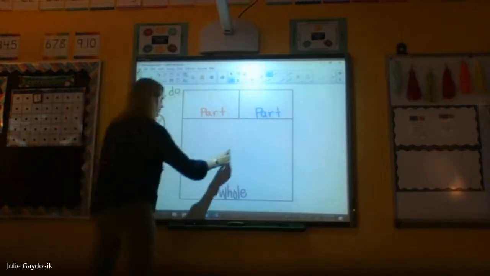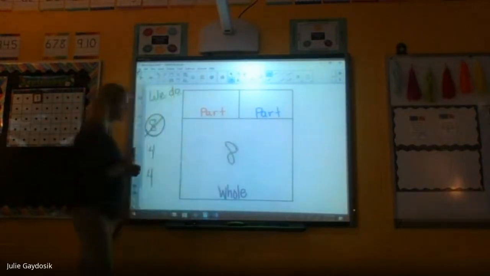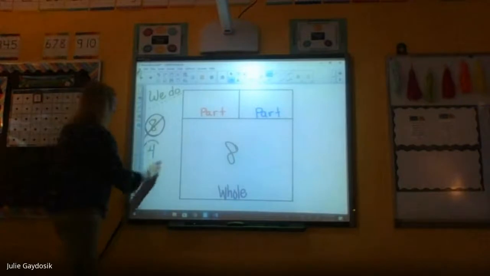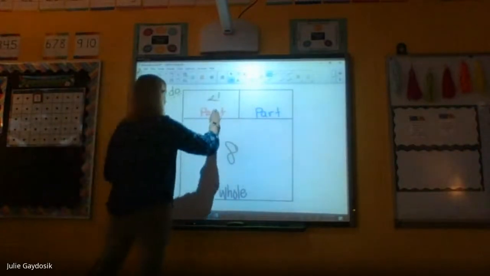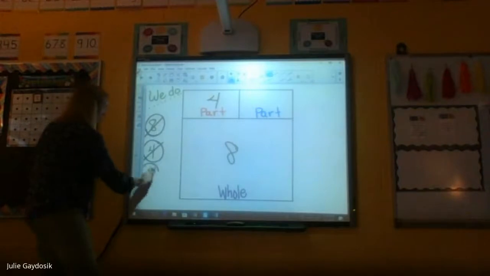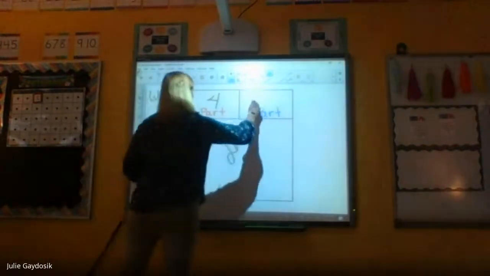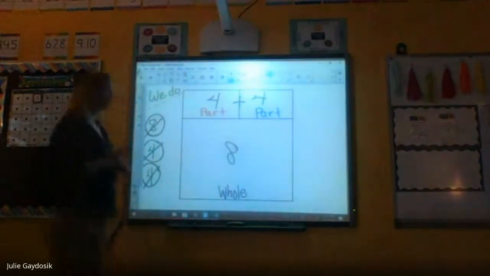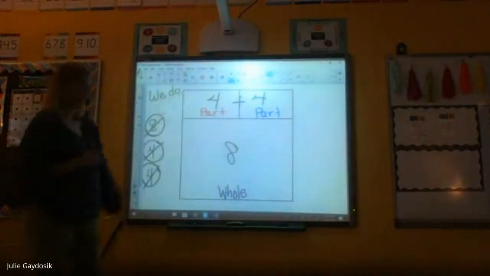So 8 goes with my whole. Now, what are my parts? 4 is a part, and 4 is another part. So 4 plus 4 equals 8.